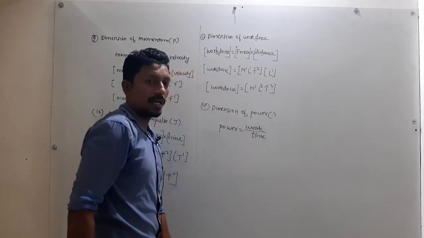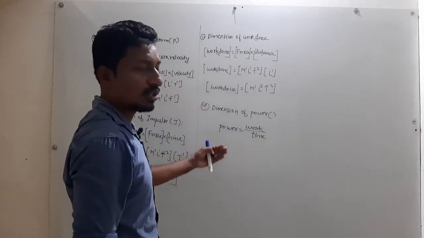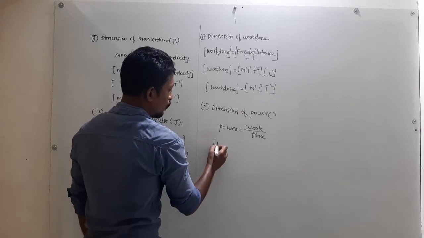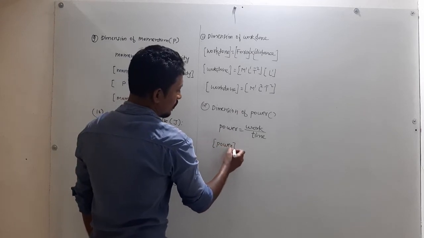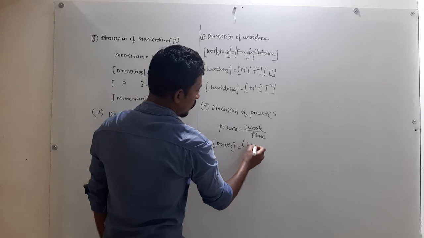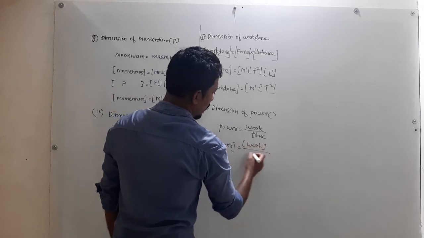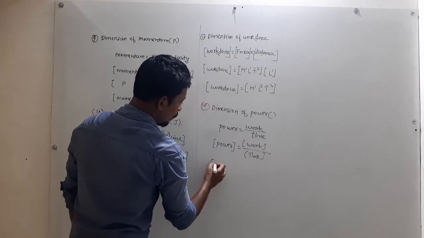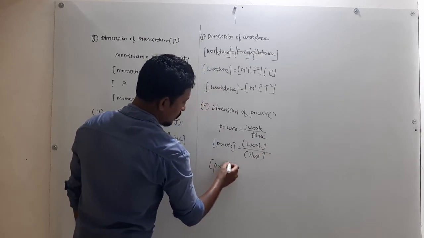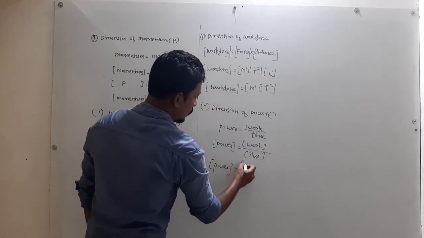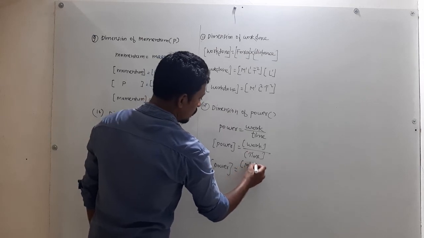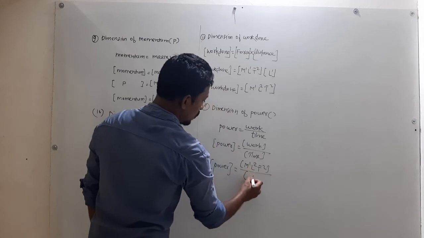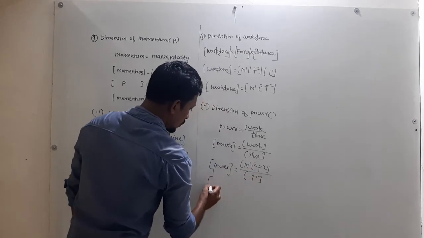Power means what? Rate of doing work is called power. That is, dimension of power is equal to dimension of work divided by dimension of time. Dimension of work is M raised to 1, L raised to 2, T raised to minus 2. Dimension of time is T raised to 1. Then what is the dimension of power?